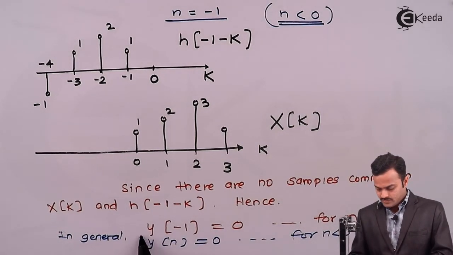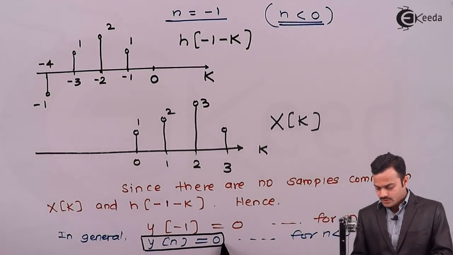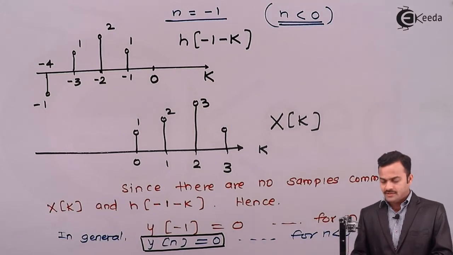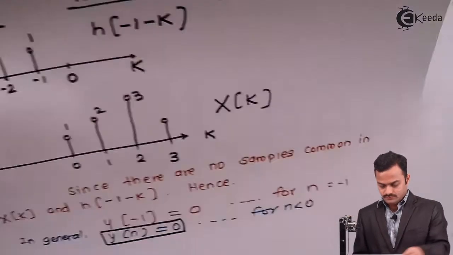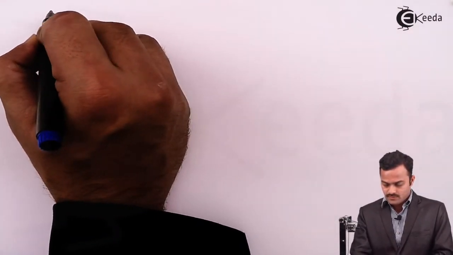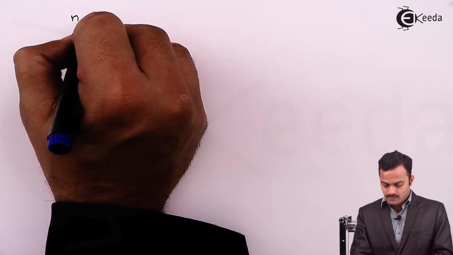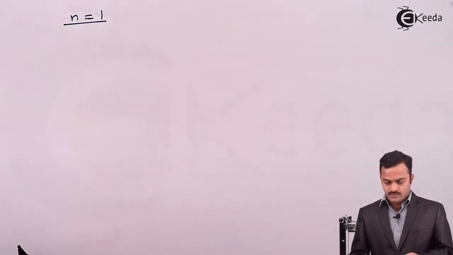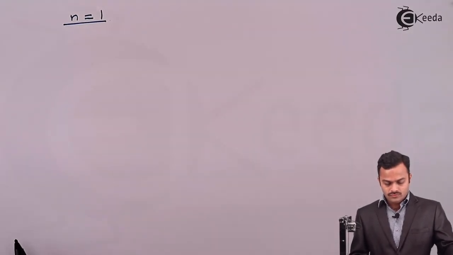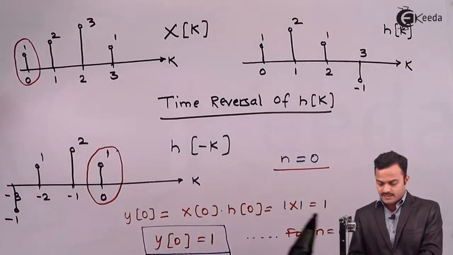So this is the most general statement, so that next time onward no need to check for any negative values, we will just focus on the positive values. Let's go to the positive value now. That means shift over here is now n equal to 1. So the signal that we have is h of minus k.